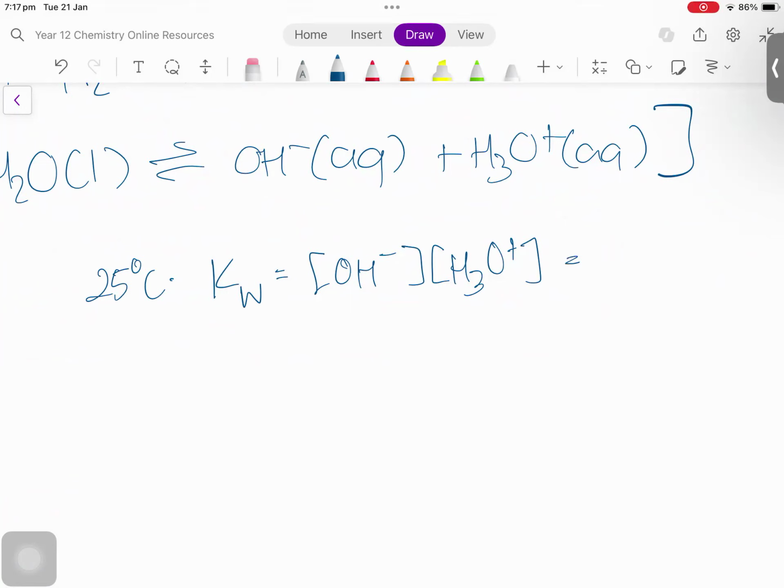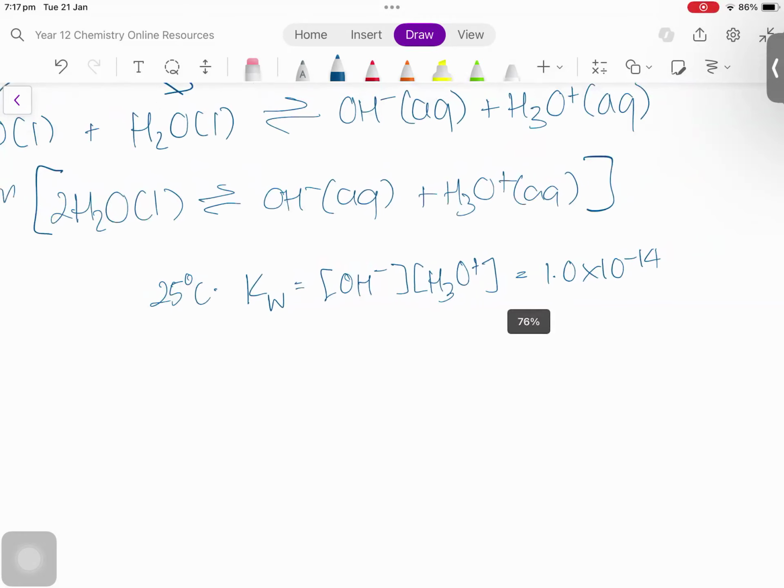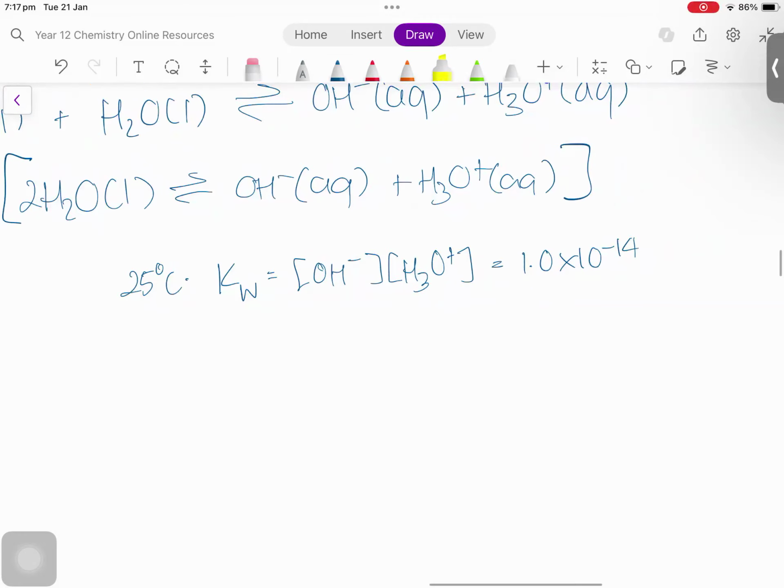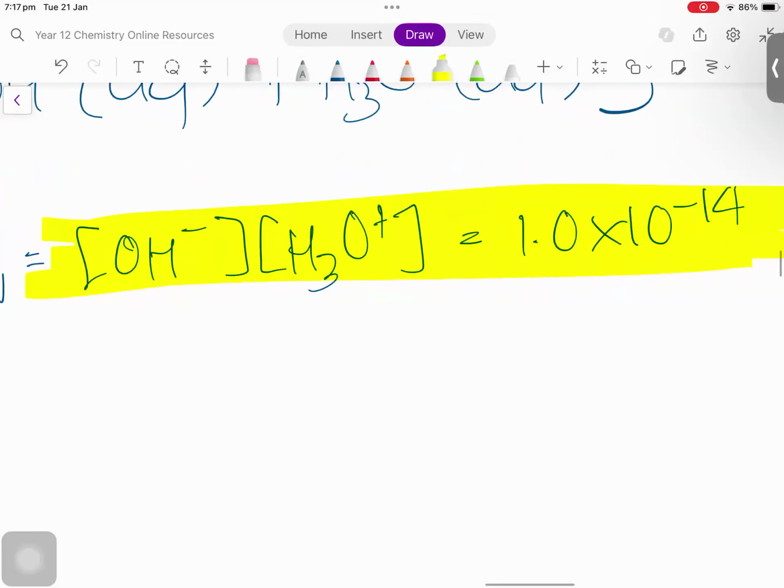So at 25 degrees Celsius, this is 1.0 times 10 to the minus 14. This is your equation that allows you to relate OH minus and H3O plus directly without having to go pOH, pH, and then back to H plus.